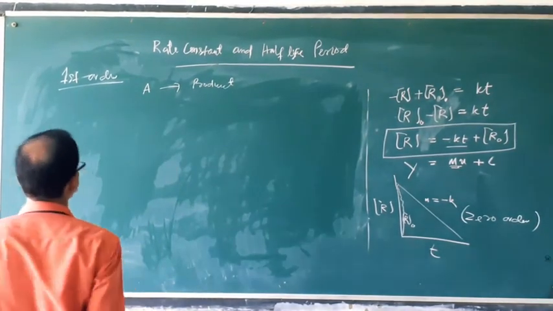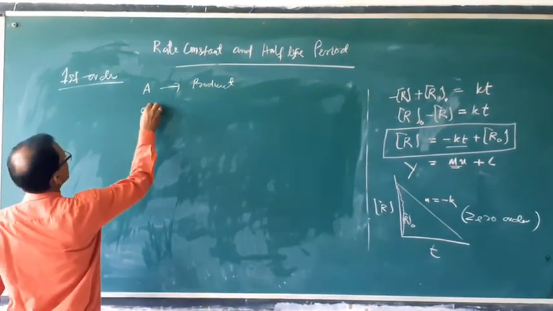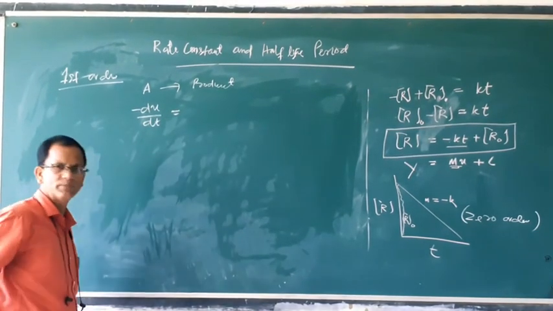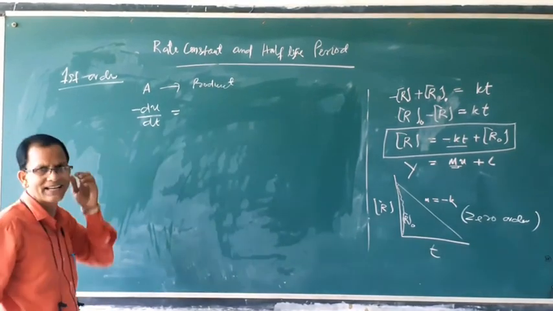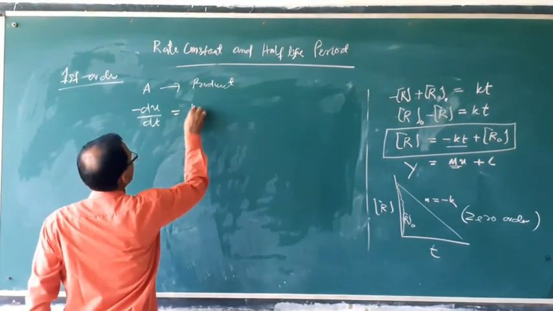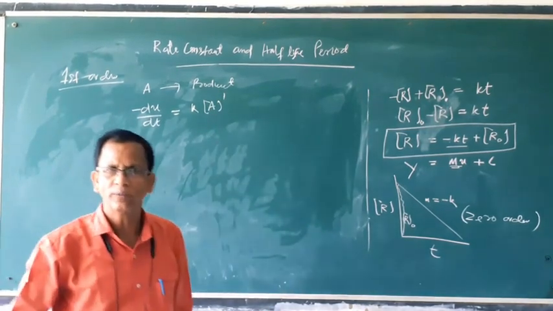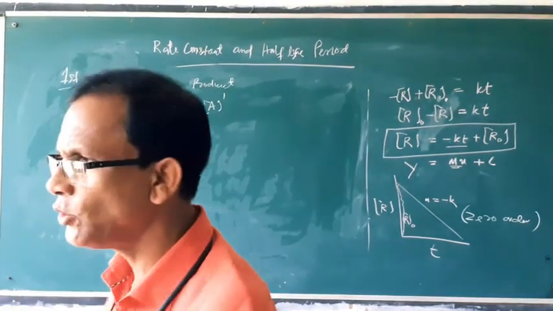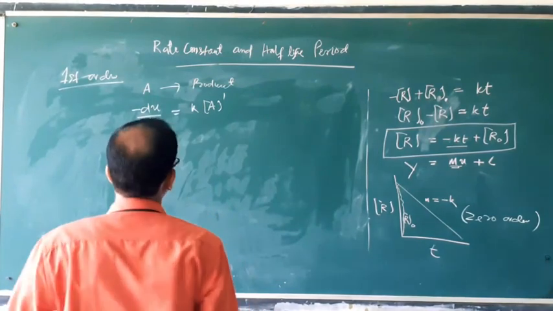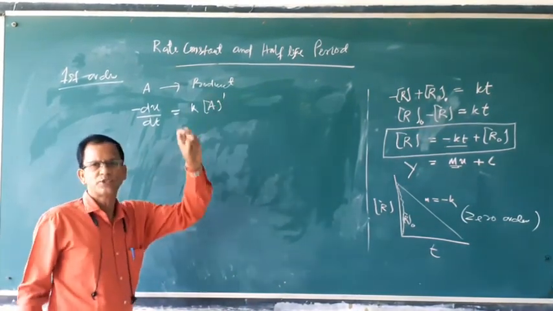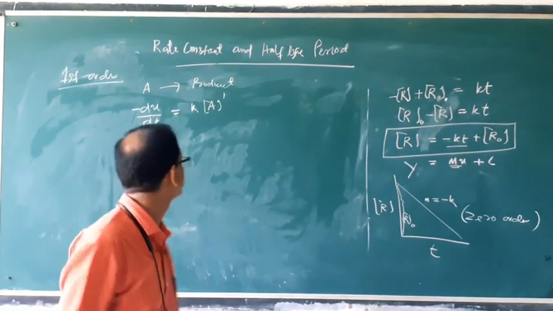Then minus dx by dt, the rate of change of reactant, always with a minus sign, is equal to K times the concentration of A to the power 1. A to the power 1 means first order, A to the power 0 means zero order, A to the power 2 means second order. So it depends upon the exponent power.